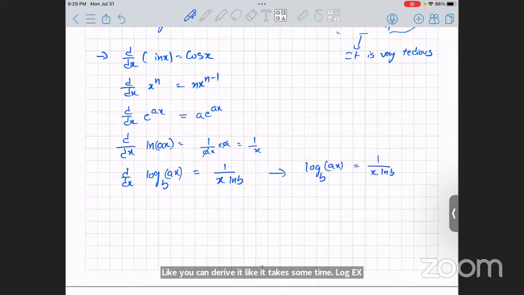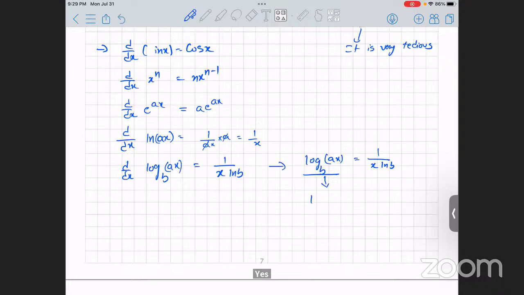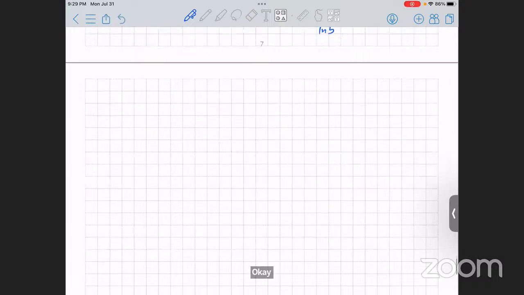These are important. You can derive it, but it takes some time. I will give you a hint. This can be written as log ax by log b, or ln ax by ln b. Base change formula. Clear? And then we will move on to the very, very important thing. What is the next topic?